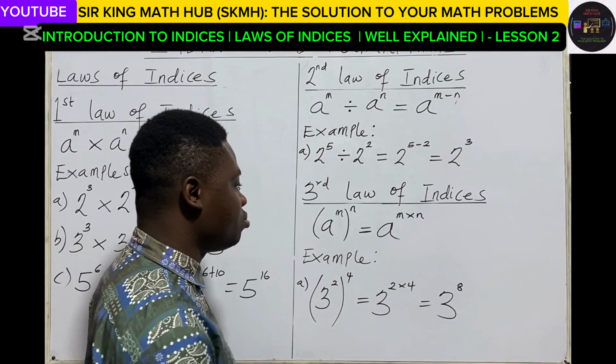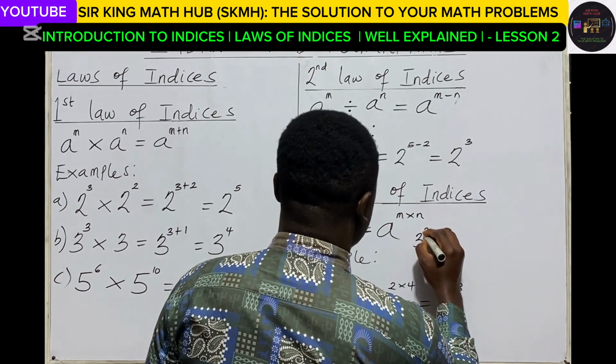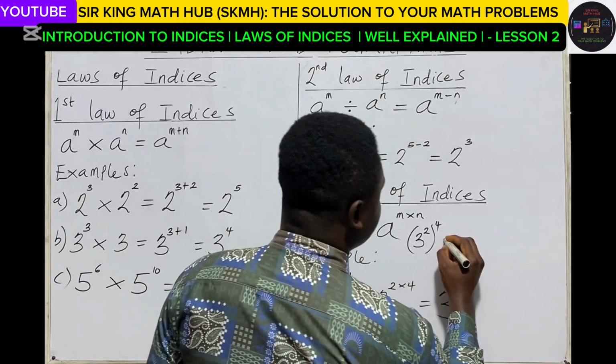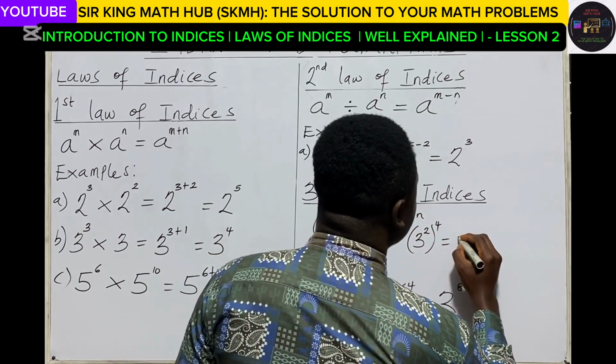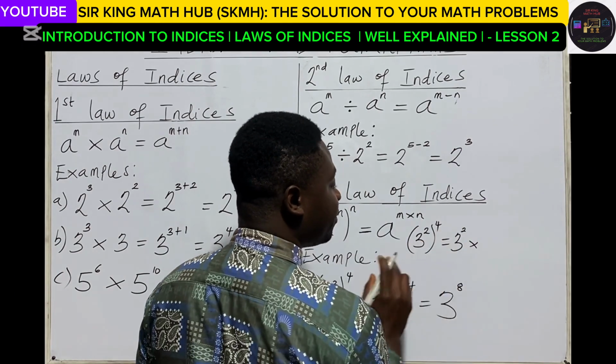Using the same example, 3 index 2 exponent 4. This could be expressed as this. We have the index form, which is 3 exponent 2 being multiplied by itself 4 times.